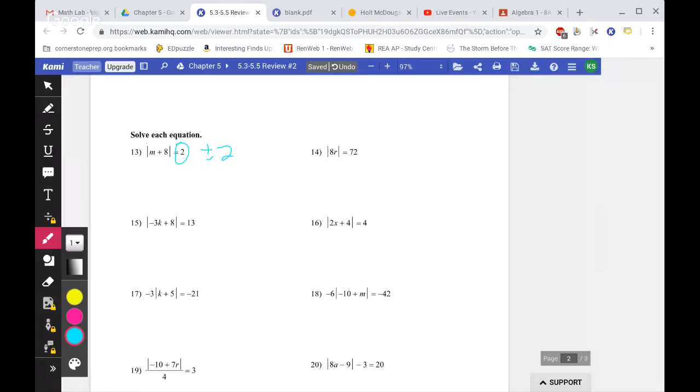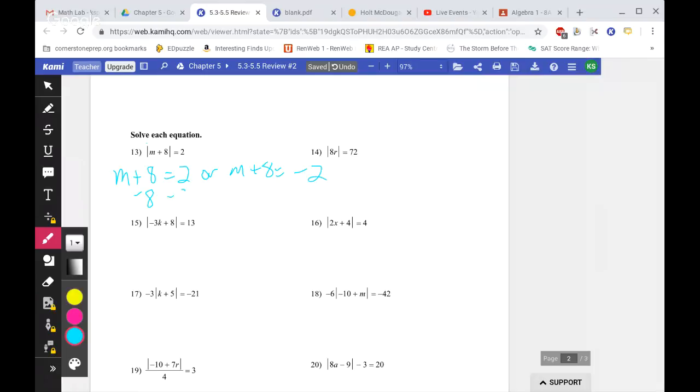So now what I'm going to do is set this up so that it says m plus 8 equals 2, or m plus 8 equals negative 2. Because if I took the absolute value of positive 2, it's 2. But if I took the absolute value of negative 2, it's 2. So now I basically have two little algebra problems.